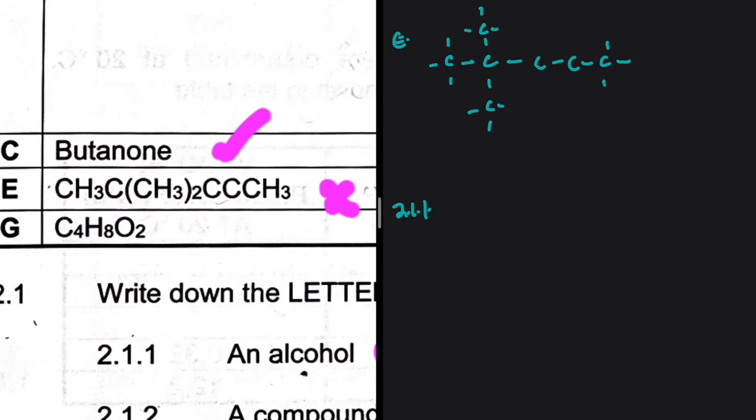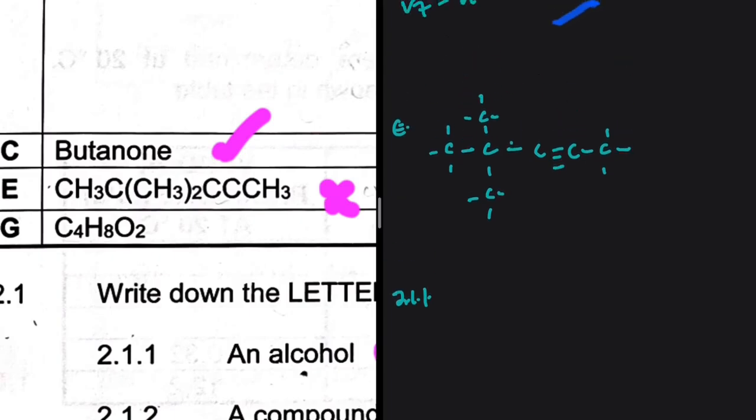So let's see how that can be true. There's no other hydrogen left, so clearly there has to be multiple bonds between these carbons, right? So they all have 1, 2 bonds, and in order for it to be 4, this will be the third one, and this will be the fourth. So this is the structure of compound E.